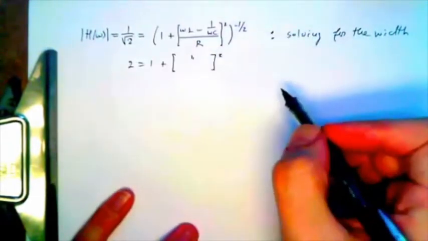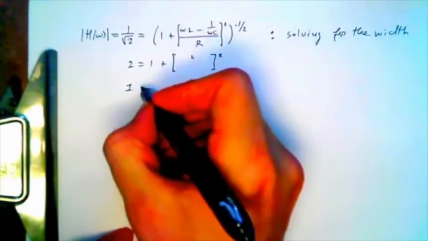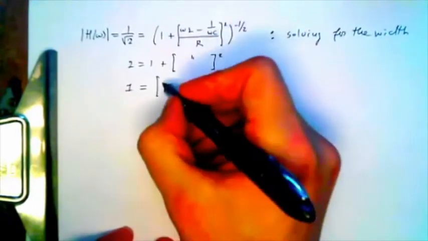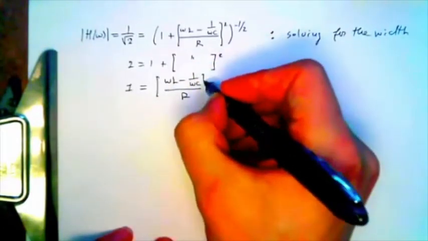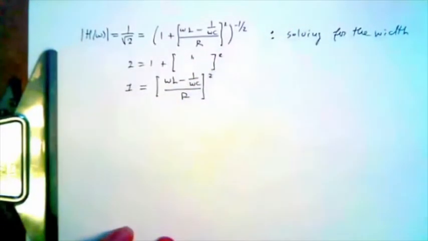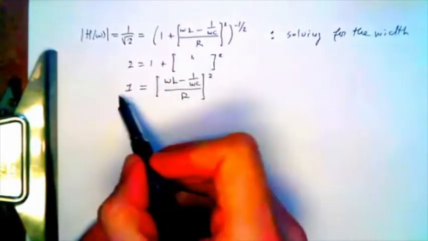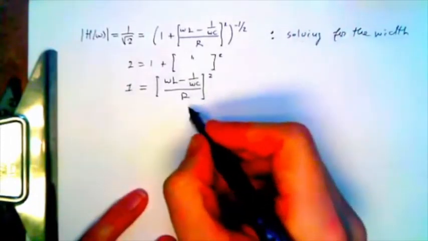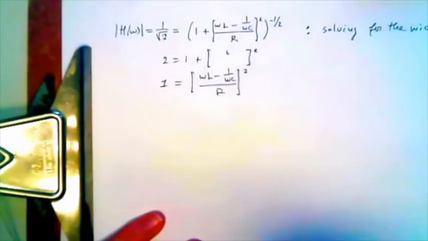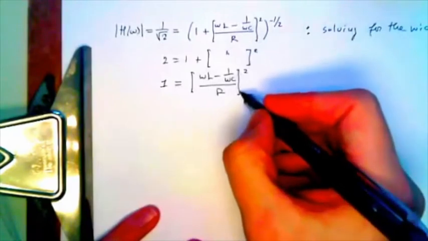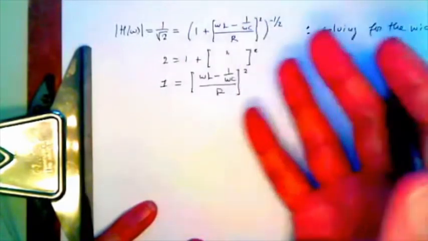So subtract that. Okay, now get the 1 over to the other side. Okay, now we have 1 equals omega L minus omega C over R squared. This is where we need to be careful, because when we take the square root here, we can have positive and negative solutions. There are many ways in which to do this. I like keeping explicit positive, negative solutions in one equation, so you don't have to keep two basically the same equations.